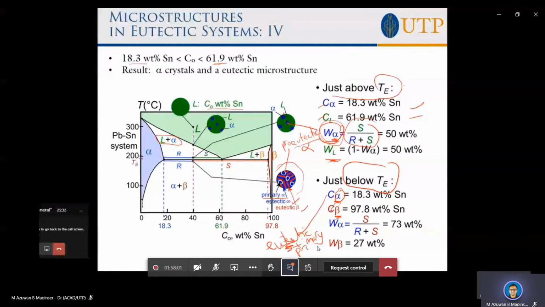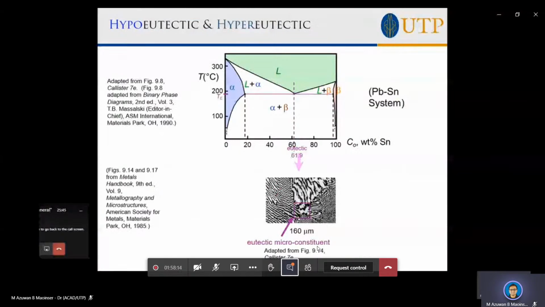But the beta is everything inside the laminating lamella. Okay, the laminating apa panggil alternating layers. Wonderful. Alright. Yeah, you need time to digest, okay? But never mind, just listen to me first so that it will be easier for you.